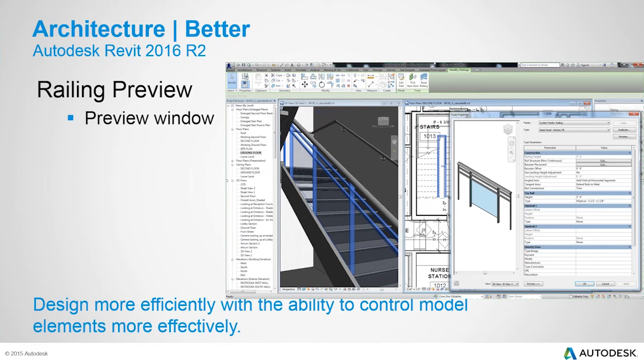This new feature enables a preview window in the type dialog to view new and existing rail types, shapes, enabling you to manipulate and iterate a rail design to preview the window before you're actually placing it. So again, it just makes us much more efficient.